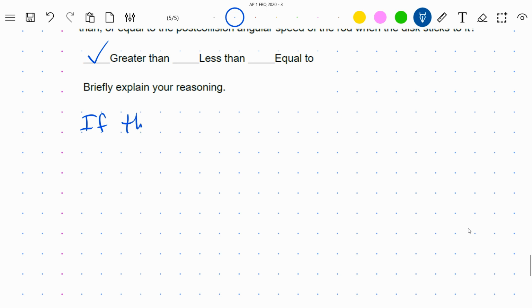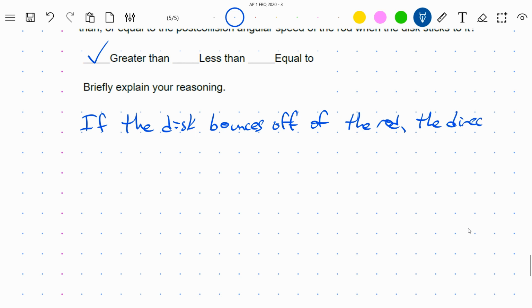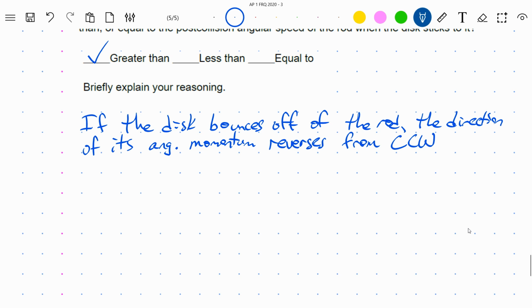If the disk bounces off of the rod, the direction of its angular momentum reverses from counterclockwise, CCW, that's a very widely accepted abbreviation, there'd be no doubt about it for anybody who's reading that, to clockwise.